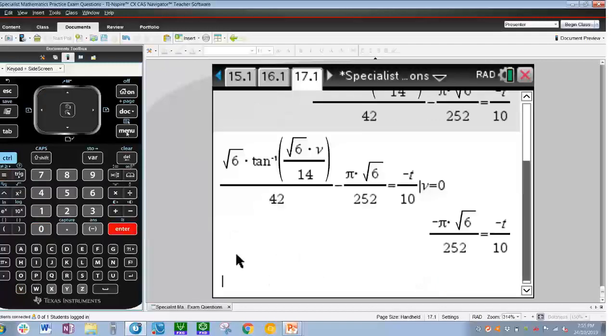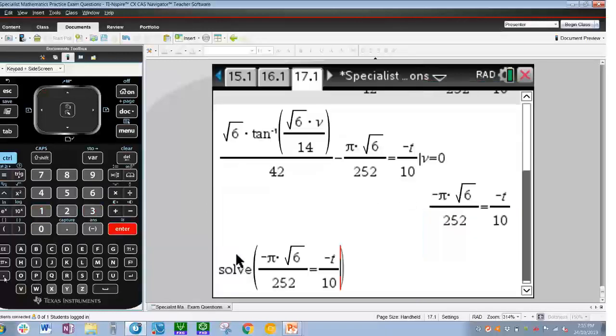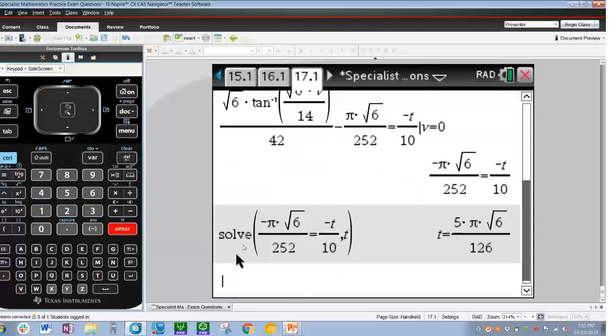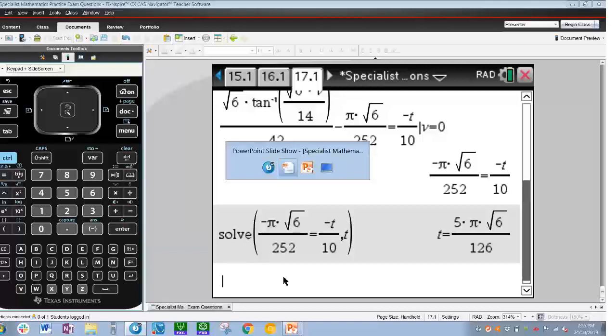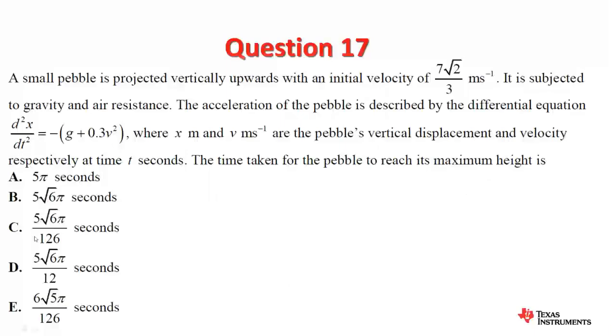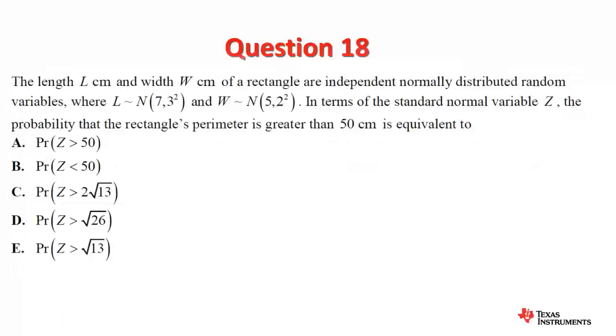Now let's solve that. Menu, 3, 1, up, enter, comma, t, and voila, there we go. We have t equals 5π root 6 on 126, which is, of course, option C. Awesome. So let's move on to our final few questions here.